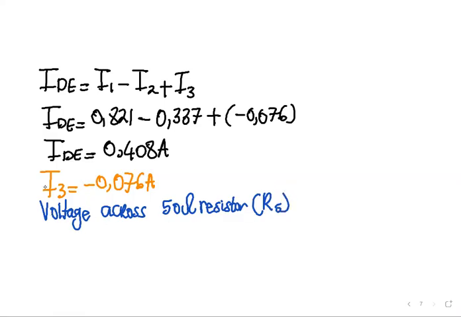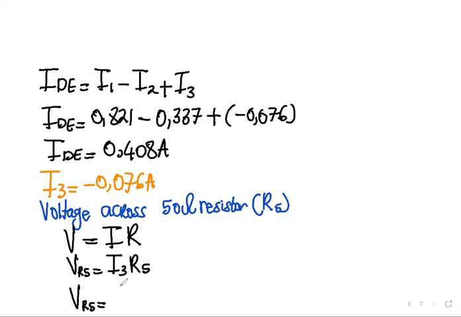So how are you going to calculate that? You're going to say V is equal to IR, right? And then you can also say the voltage through R5 is equal to our current through R5, which is going to be I3 if you check it properly, multiplied by R5. So our voltage there through R5 is going to be our I3.